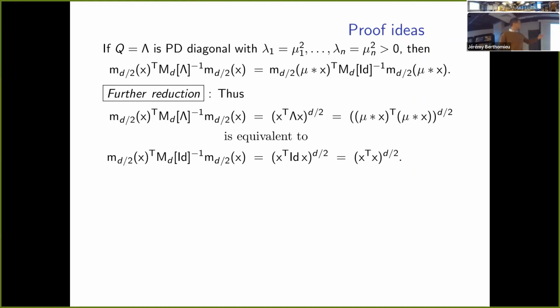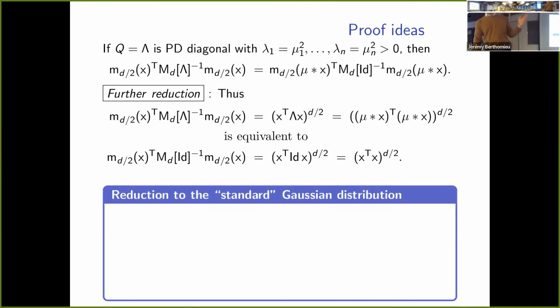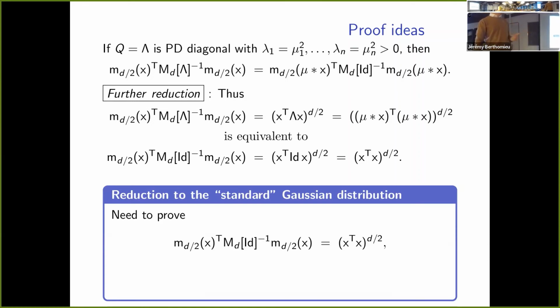And our goal will be equivalent to proving things just for that diagonal case. We can go completely to, sorry, not to the identity, for the identity. It's even more simple. So it remains to prove this relation for the identity, namely for the standard Gaussian distribution.